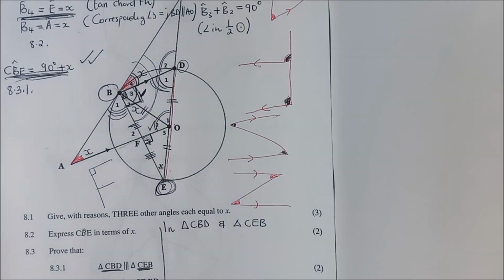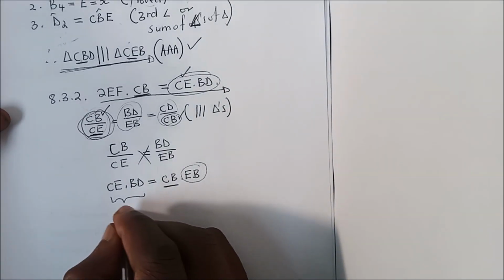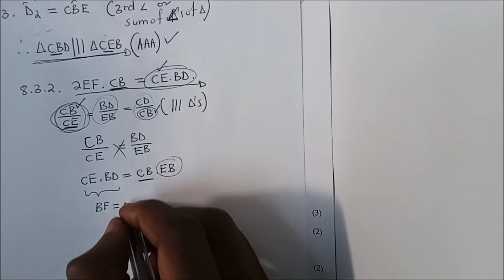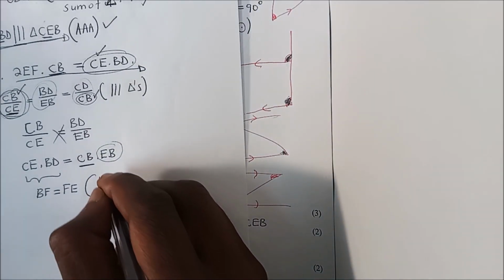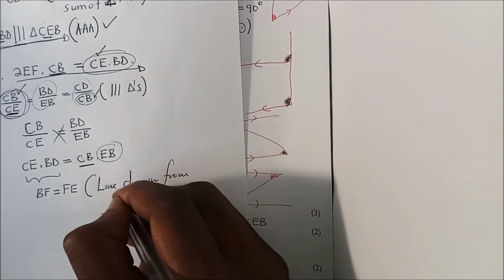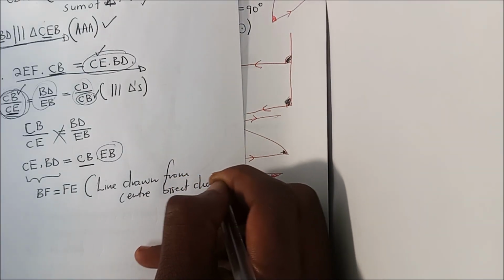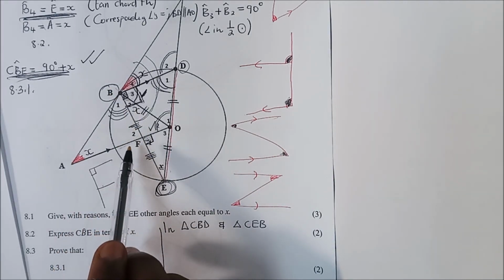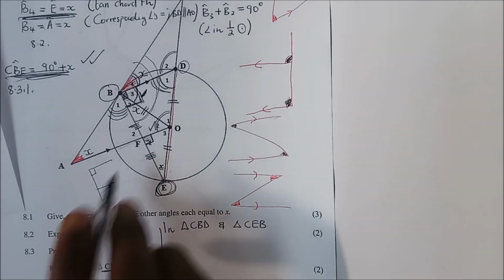So what we can say is BF equals FE. Why are we saying that? The reason is the line drawn from the center bisects the chord.